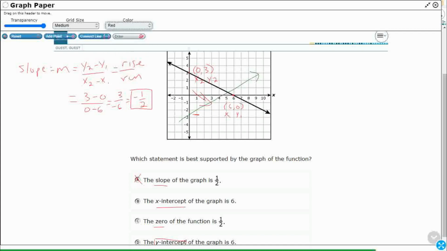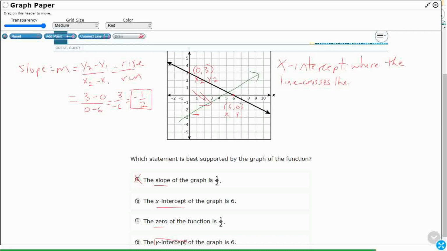The x-intercept of the graph is 6, okay? So the x-intercept is going to be where the line, or in this case the function, crosses the x-axis. So it intercepts the x-axis.